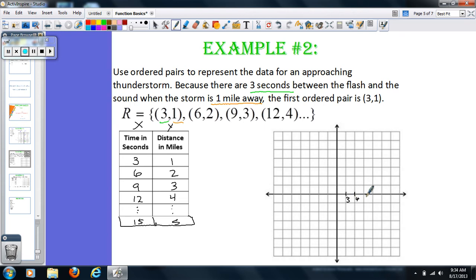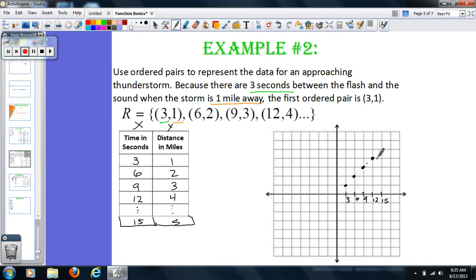So this would be 3, 6, 9, 12, 15, and so on. So we're going to go over 3, up 1, over 6, up 2, over 9, up 3, over 12, up 4.